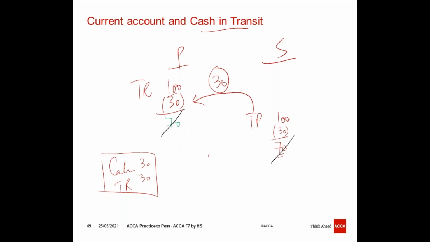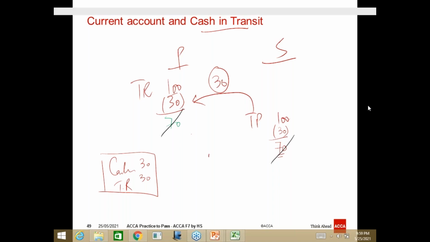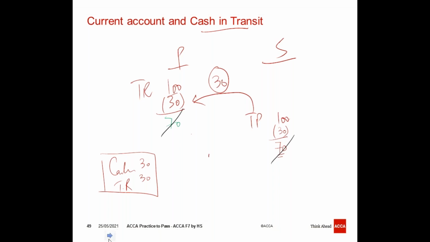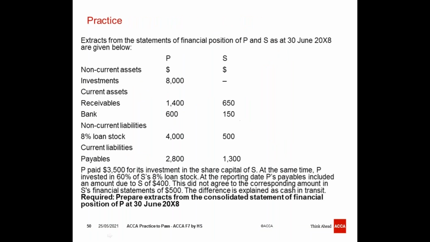So what you need to do is to first recognize the transaction of cash in transit in the books of receivables, and then this amount will be equal to the current account. If it is clear now, then please do attempt this question.